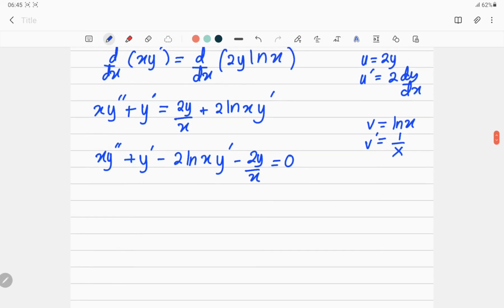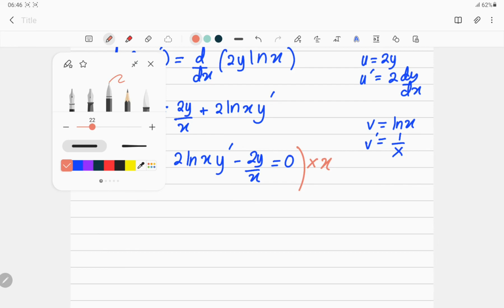Now I have to remove this x, so I have to multiply all terms by x.